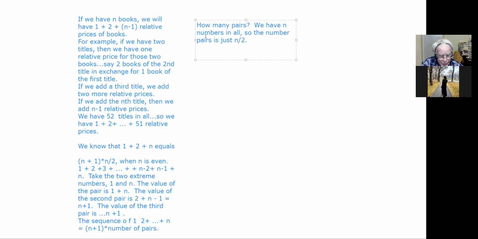So for example, if this is a sequence, we have 6 numbers. And so we have 6 divided by 2 equals 3 pairs in this case: 1 plus 6, 2 plus 5, 3 plus 4.